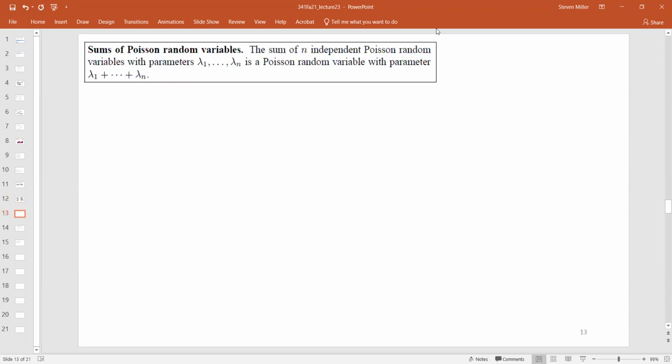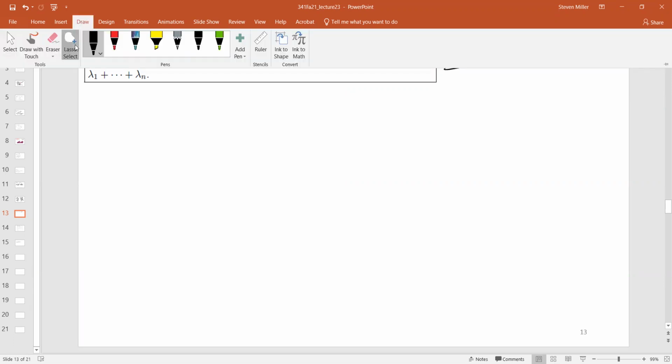All right. It is now time to prove the result that I promised, that if you have a bunch of independent Poisson random variables with parameters lambda 1 through lambda n, then the sum is a Poisson random variable with parameter lambda 1 plus through lambda n. As we've done numerous times, if I have x1 plus x2 plus x3 plus dot dot dot, it's a proof by grouping.